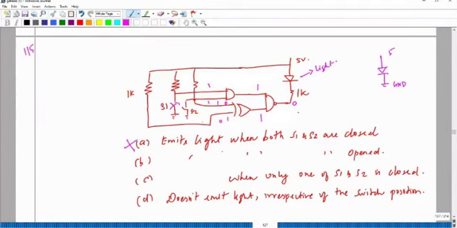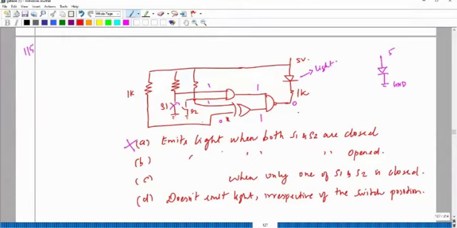So consider both the switches are open now. Both the switches are open, so this is 1 1, this is 1 1. Now both the switches are open, so it is 1 1, so I'll get 1 here, and I need to make this one as 0.